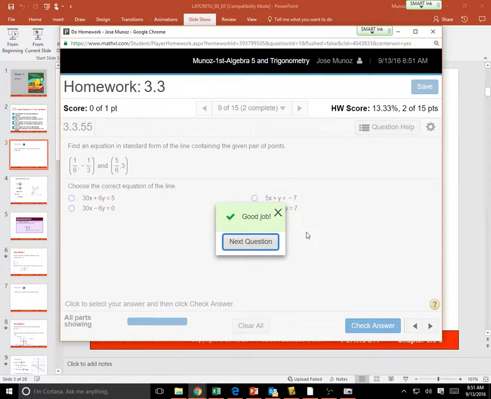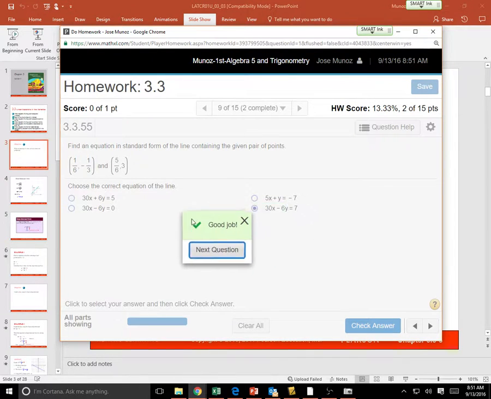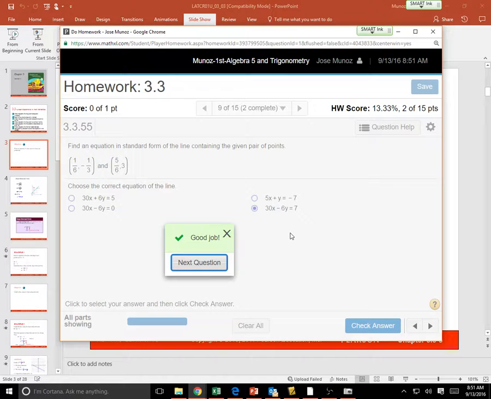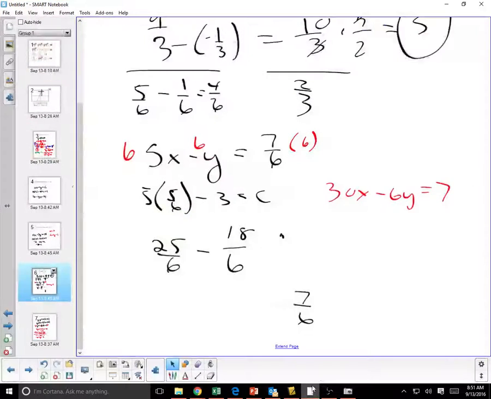Wait, what was the answer? 30x minus 6y equals 7. Where'd you get 30 from?